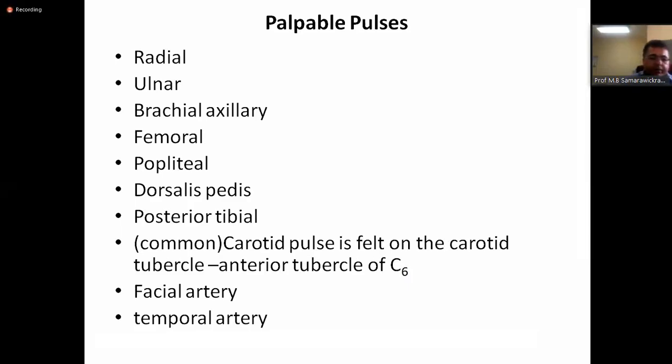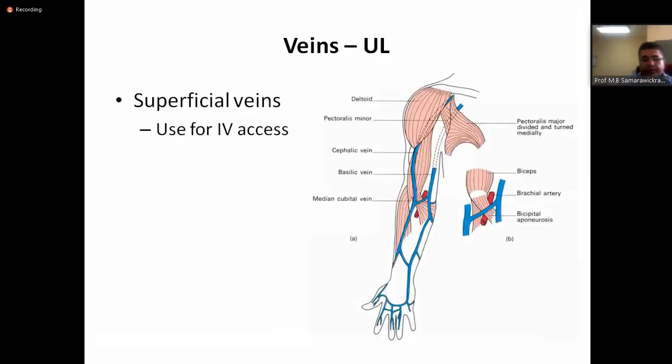Then facial artery and temporal arterial pulses. So you should know where to feel all these pulses, right? And out of these, the most difficult pulse to feel is the popliteal pulse because that is the deepest structure in the popliteal fossa. Therefore, this is the most difficult pulse to feel in the body.